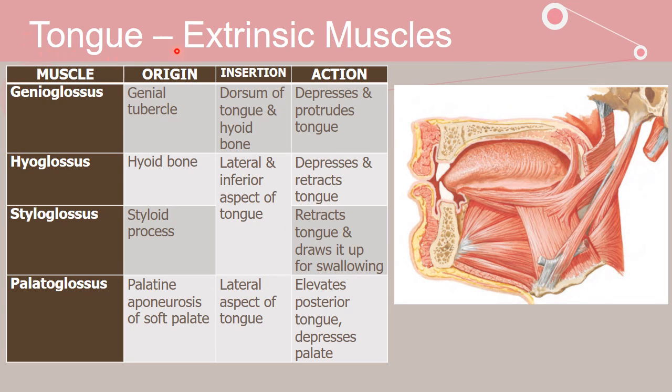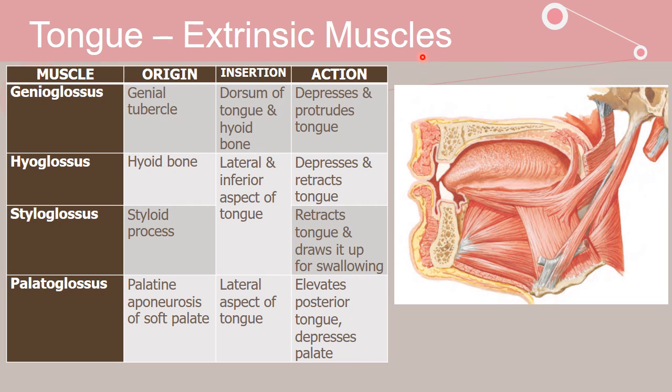The tongue is a muscular structure found on the floor of the mouth. There are two groups of muscles that are responsible for the movement and for changing the shape of the tongue. The first group of these muscles is the extrinsic muscles.